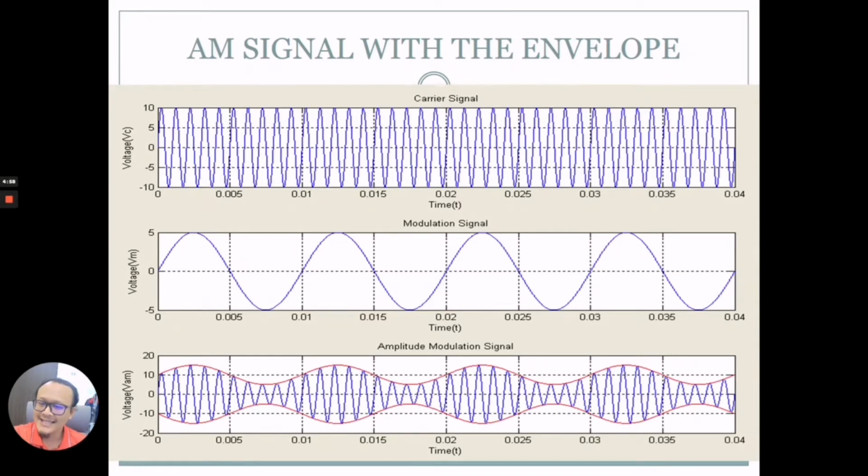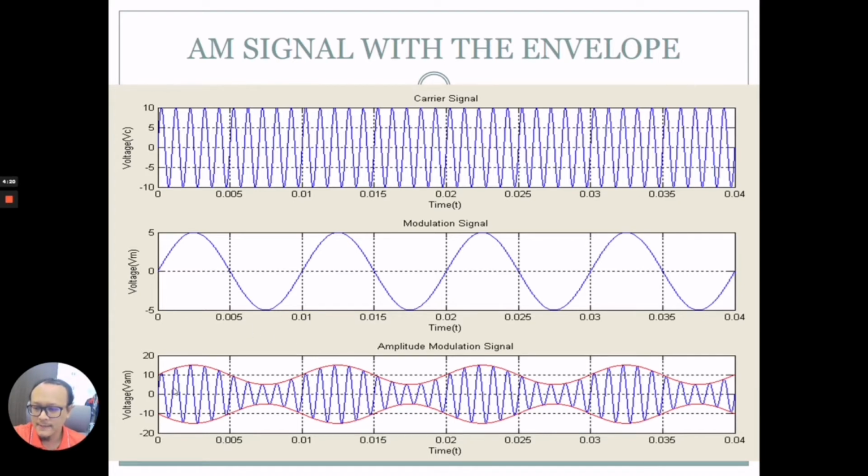If you look at this slide, there are 3 types of signal. At the bottom here is the AM signal, which has been modulated. On top here is the carrier signal, and the middle here is the modulating signal. The modulating signal is basically the baseband signal, which is our voice. The carrier signal will be combined with the modulating signal to create an AM signal.